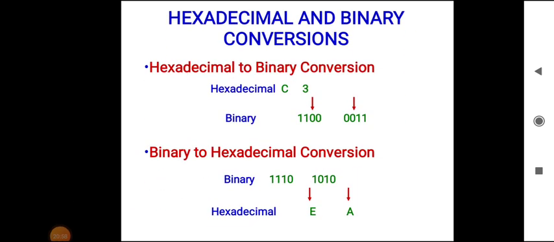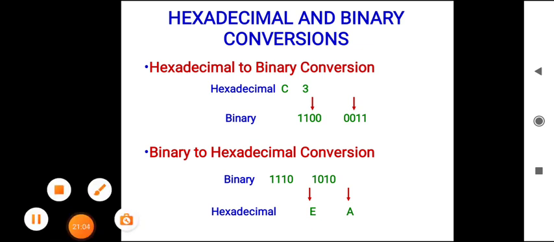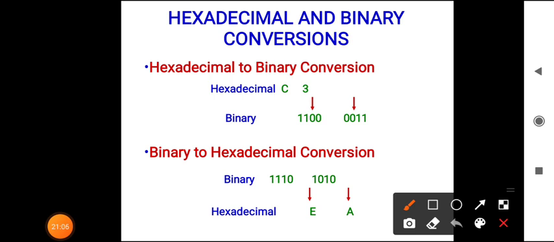Coming to hexadecimal and binary conversions, this is also very important. A very simple conversion of hexadecimal to binary. Here is one example, C3, where C and 3 are the hexadecimal number.